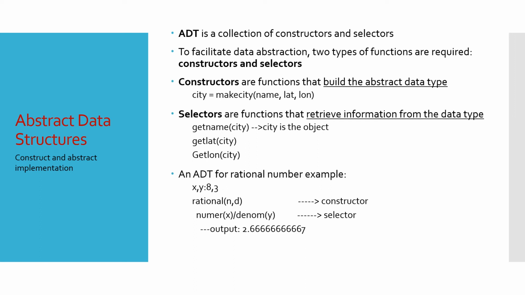Now I think with this you would have got an idea. Really, it's a very simple concept. Basically, you have to define an abstract data type, which is almost similar to the class and object concept we discussed in chapter 1.